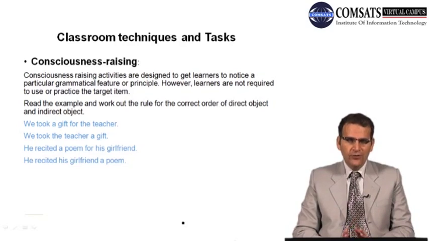We took a gift for the teacher, and then we took the teacher a gift. And then he recited a poem for his girlfriend, and then he recited his girlfriend a poem. That shows how to use the direct object and the indirect object.